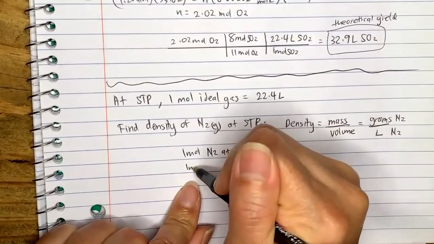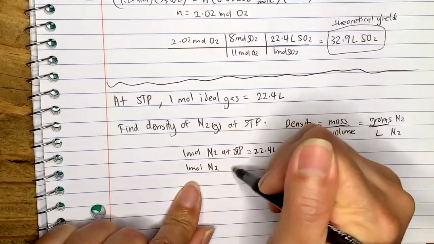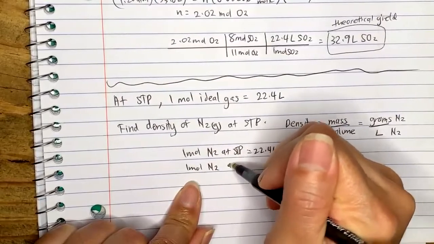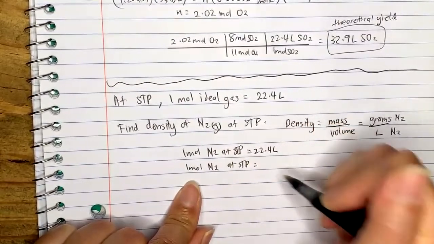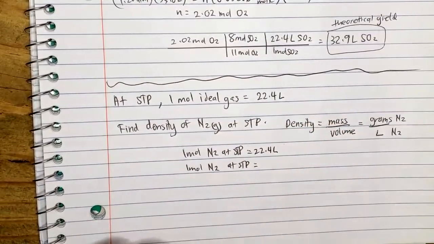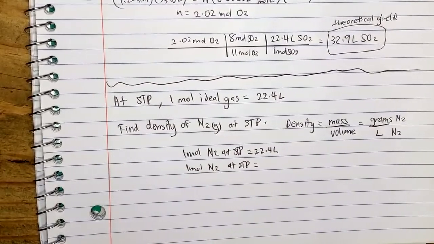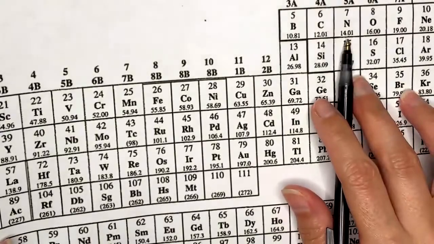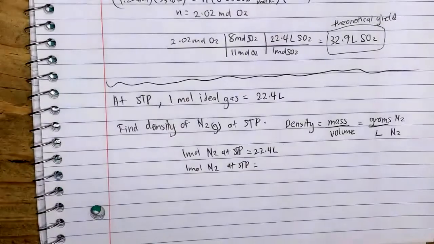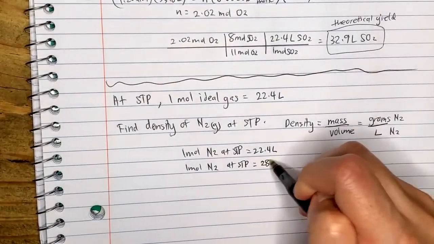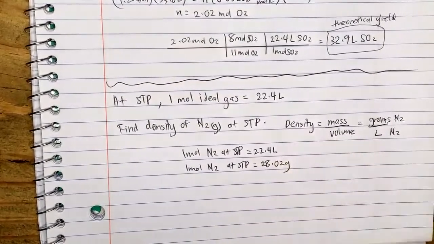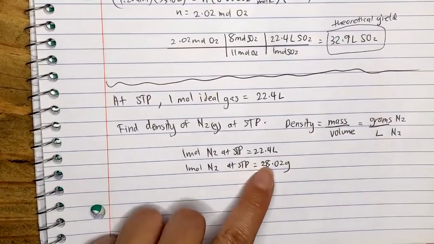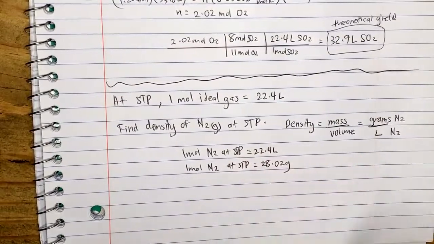Now, 1 mole of nitrogen at STP, how much does it weigh? It weighs whatever the periodic table says, okay? Each one of them is 14.01, so 2 of them is going to be 28.02. Ta-da! Grams per liter, right there, okay?